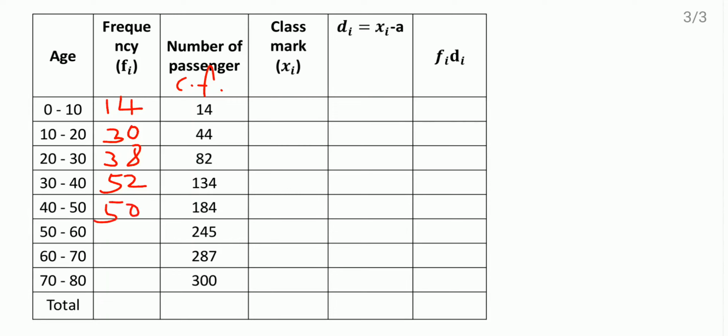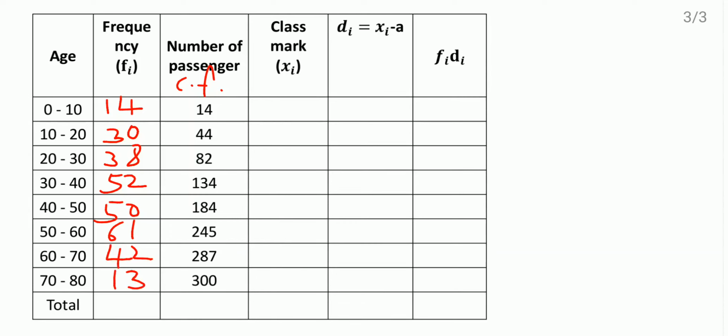Then 245 minus 184 comes as 61. 287 minus 245 comes as 42. And 300 minus 287 comes as 13. So we got the frequency now.